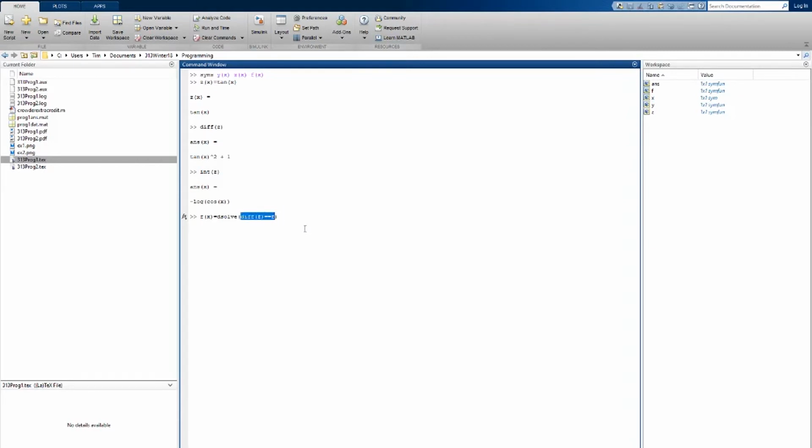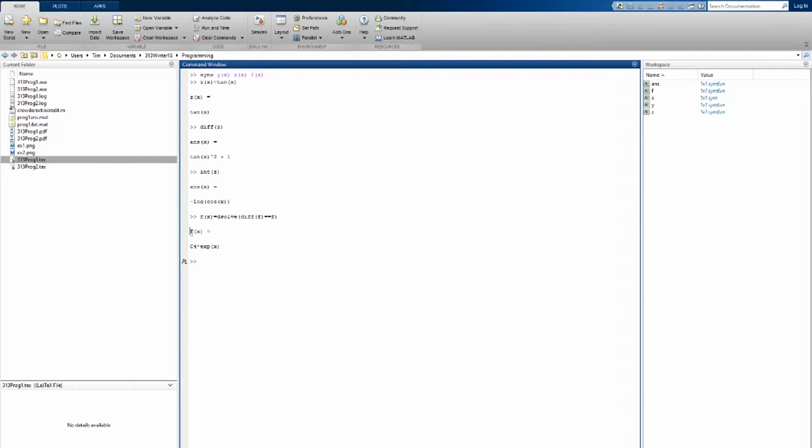There are other things that you can input into dsolve. For example, there are ways that you can write a differential equation as a string instead, and tell it what you want the independent variable to be, but I kind of like this way. I don't know why.